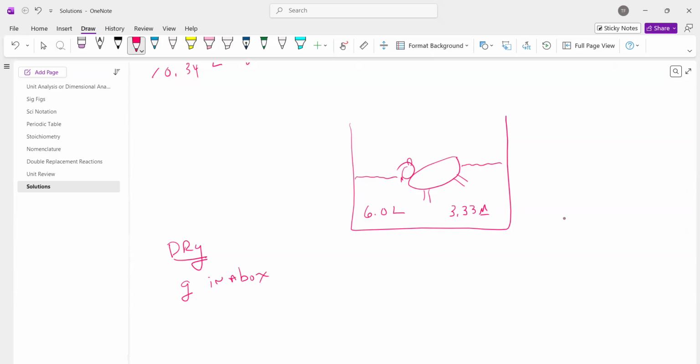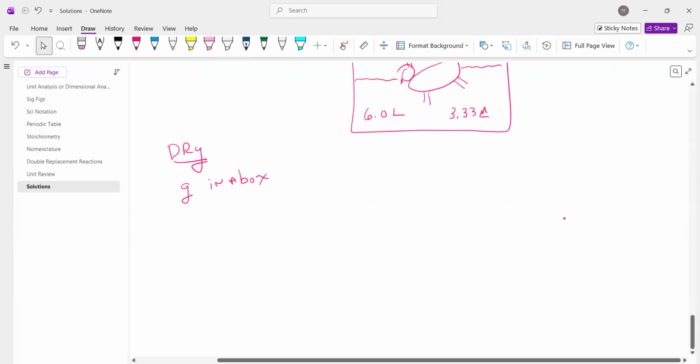So how do we make this spa concoction? Well, first of all, how many moles do we have?